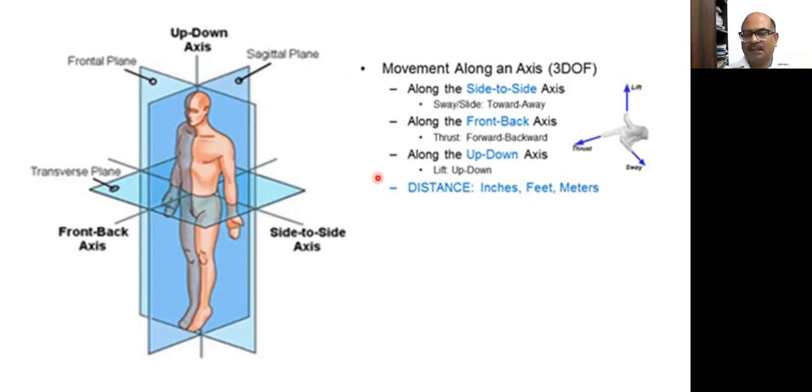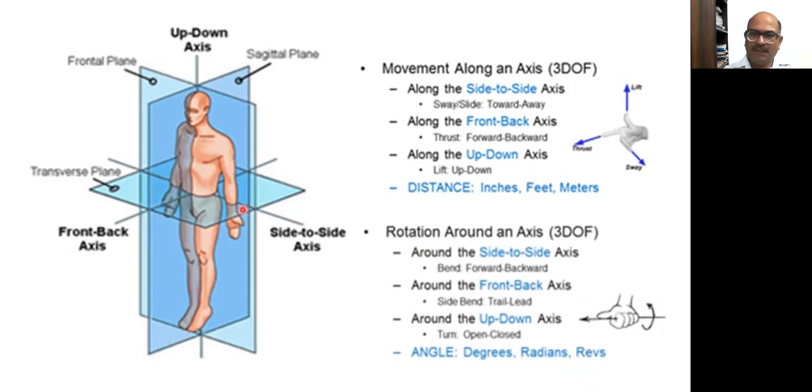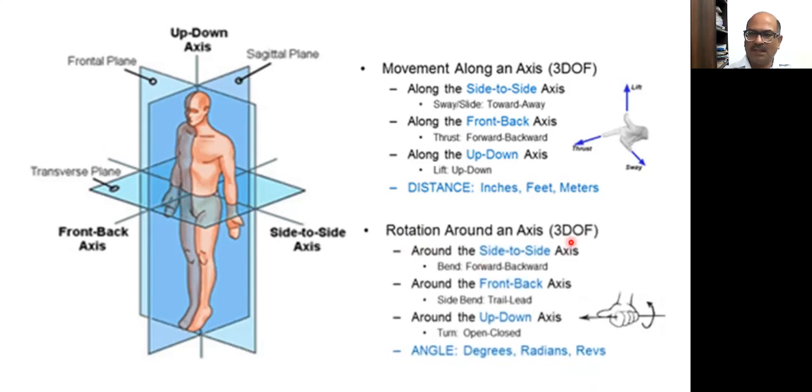But if we rotate standing over there, again 3 degrees of freedom are available. Around the side-to-side axis, it bends forward and backward; around the front-back axis, it side bends, tilting to the side; and around the up-down axis, it opens and closes.